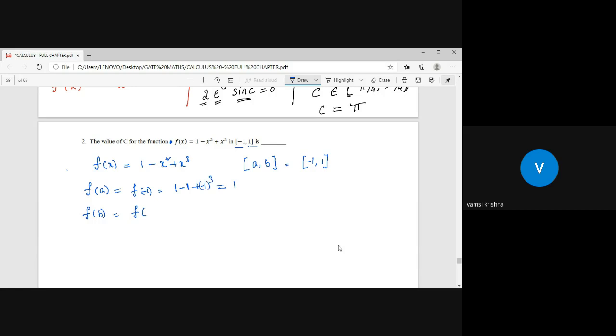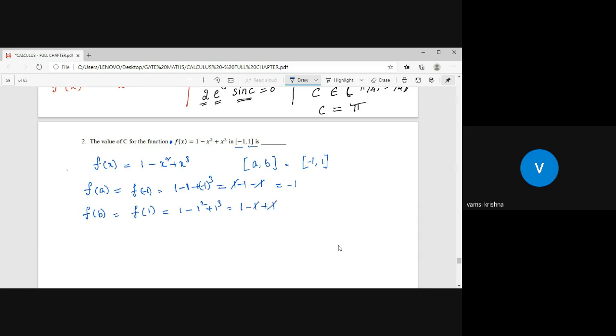So then what will I get? I will get something like 1 minus 1 minus 1. So I think I got minus 1. Now let me take f of 1. If you take f of 1 here, 1 minus 1 square plus 1 cube, that is equal to 1 minus 1 plus 1.